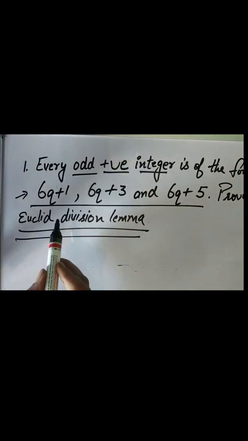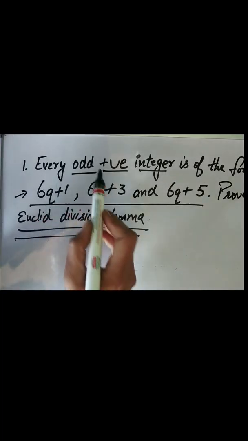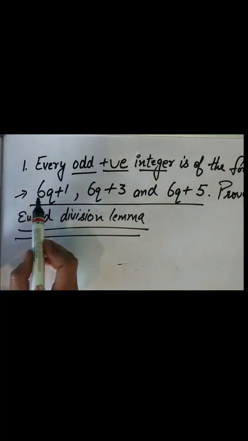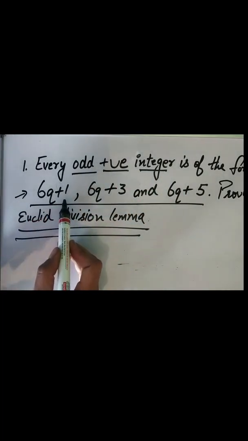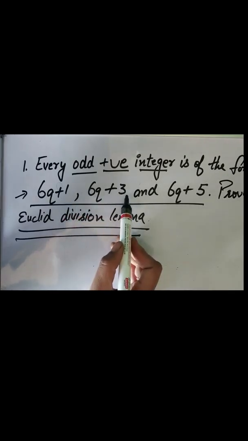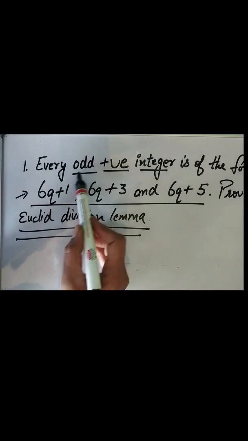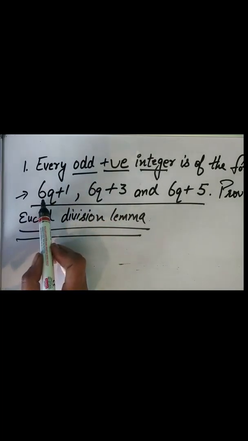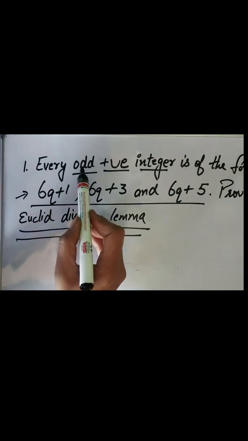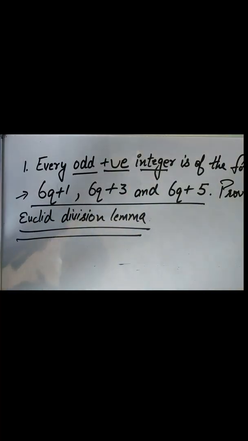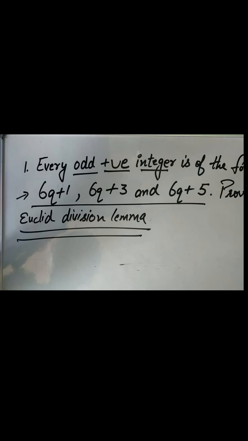What does this mean? That all odd positive integers when divided by 6 will leave remainder 1, 3 or 5. None of the positive odd integers is divisible by 6. There is no odd positive integer which will be divisible by 6 because the 6q form is missing.